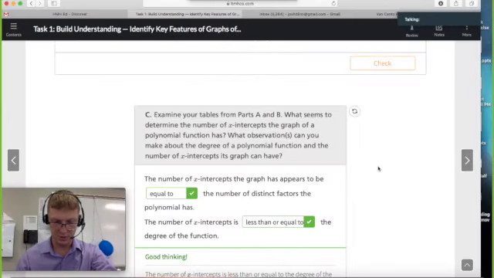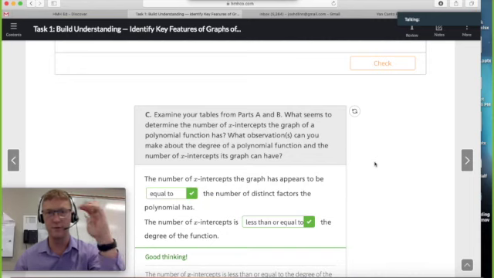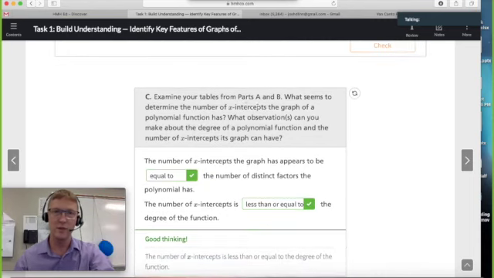Okay, so we just went through that chart, and we'll notice a couple of things that are consistent throughout the different types of graphs. If you examine your table from parts A and B, what seems to determine the number of x-intercepts the graph of a polynomial function has?